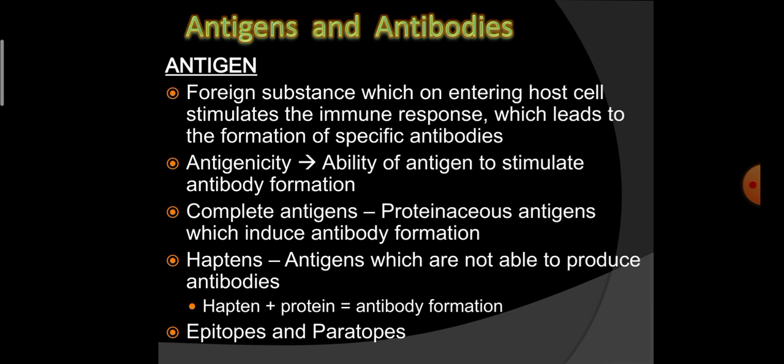The ability of an antigen to stimulate antibody production is called antigenicity. Clear? These terms you have to remember. What is antigenicity? The ability of an antigen to stimulate the formation of antibodies.